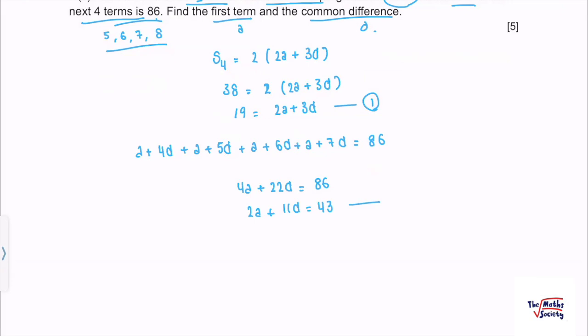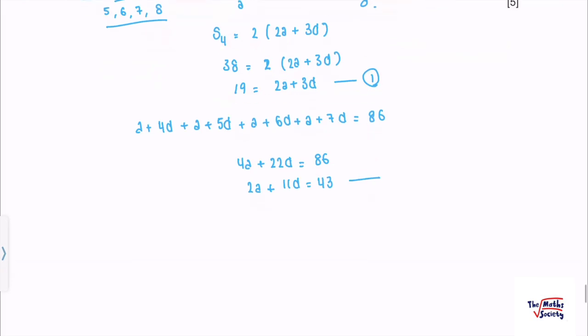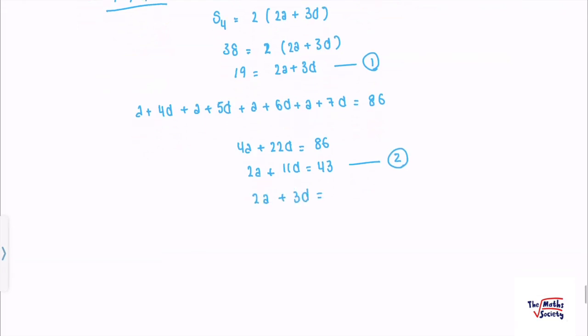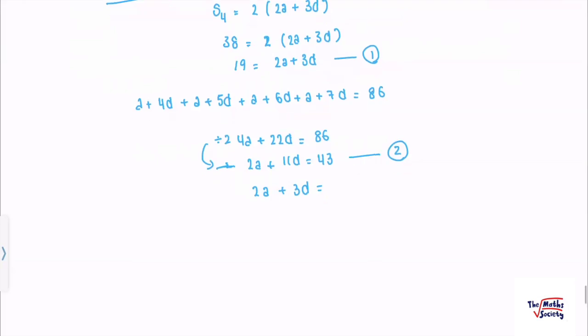So you subtract them. Sorry, for this one divided by 2, and then you get this one, not to get confused. And 2a plus 3d comes from here. So that's 2a plus 3d equals 19.